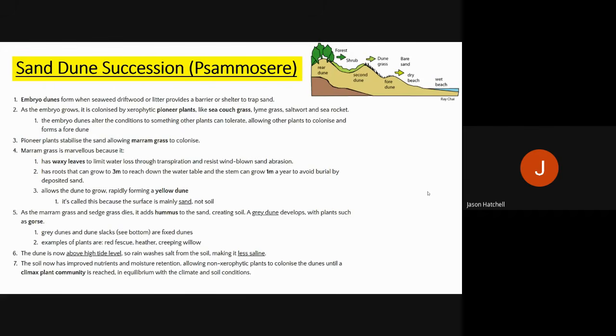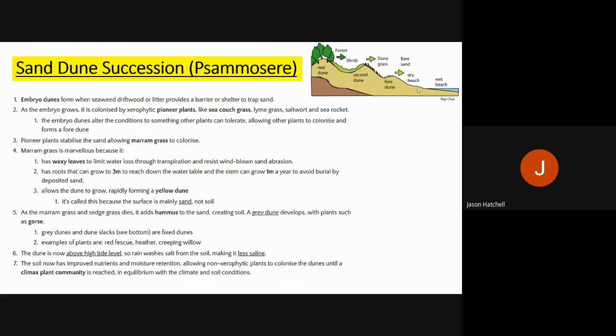And that leads us directly on to sand dune succession, or the Psammosere. Now, sand dune succession is all about how the sand dunes form stronger binds with sediment and with plants the further away from the water and the beach you are. So we first got embryo dunes. Embryo dunes are the smallest types of dunes that form at the coastline.